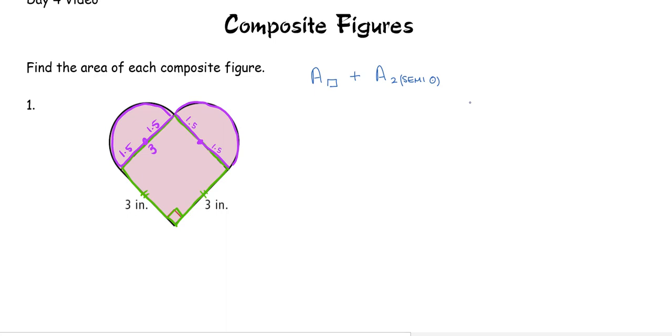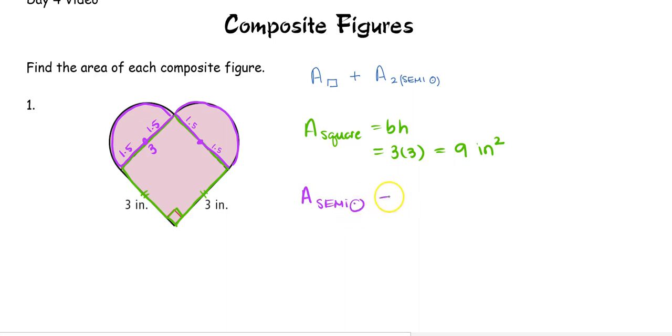So we're going to break it down by shape. First, we have this square here, and the area of the square is going to be base times height. In this case, the base and the height are both 3, which is going to make our area 9 inches squared. First one, nice and easy. The second one, we want to find the area of the semicircle.